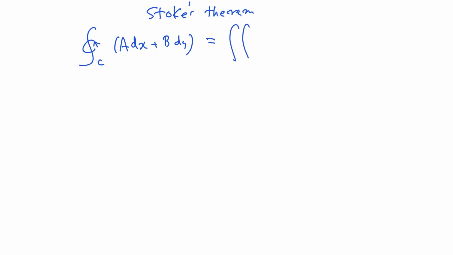Stokes theorem. That is, we have the counterclockwise integral of a dx plus b dy equal to the integral over domain D of partial b over partial x minus partial a over partial y, dx dy.